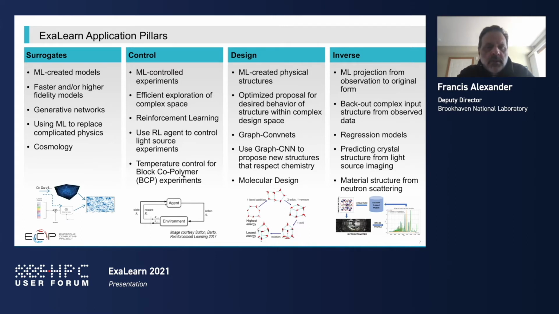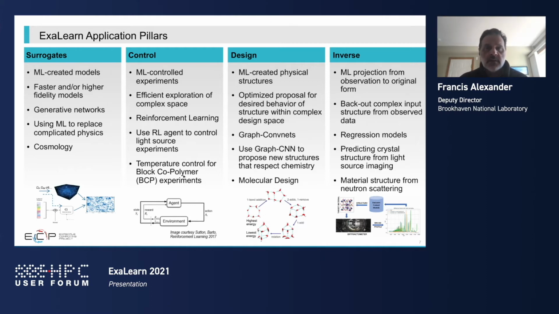In particular, we're looking at temperature-based control for block copolymer experiments of phase separation of a particular type of polymers that form these very intricate structures and can be used for controlling the design of microchips and so on at the nanoscale.